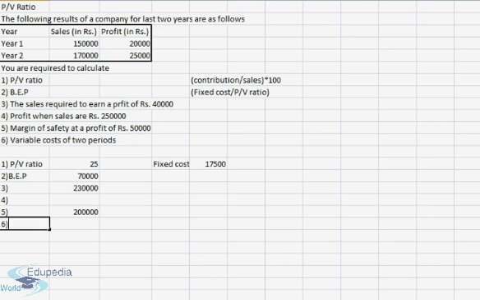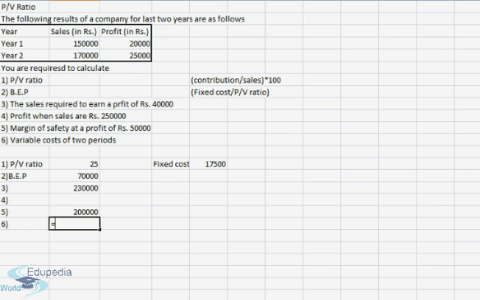The sixth point that we need to calculate is the variable cost. We already know that the PV ratio, which is also known as contribution ratio, is 25%. That means the variable cost is 75%.